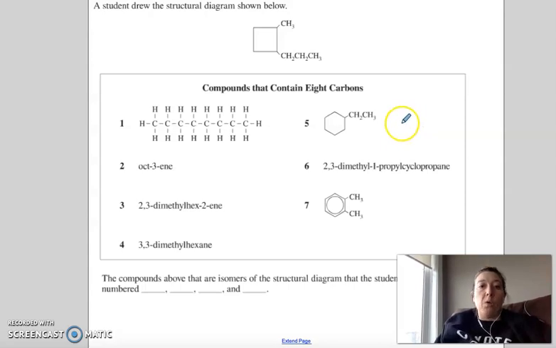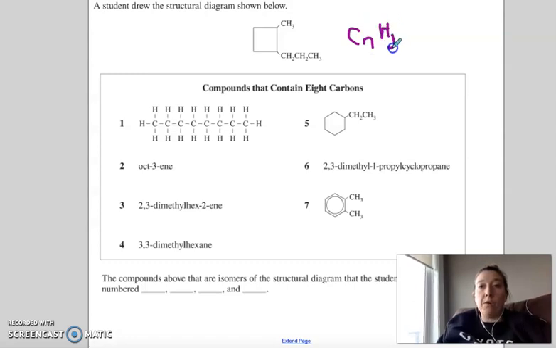Remember we talked about alkanes having the general formula CnH2n+2. Alkenes and cyclics, we said were both CnH2n, and alkynes, we said were CnH2n-2. When we look at this picture here, we see that it's cyclic. So we know that this has to have the general formula of CnH2n.